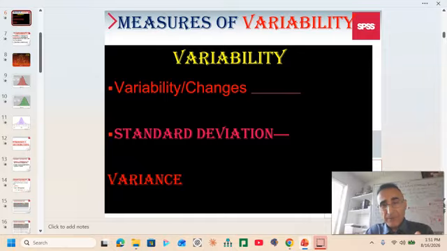Let's say that person scored 80, so we say you are one standard deviation above the average student. This is how we can tell based on the standard deviation and variance. So we need to know that.